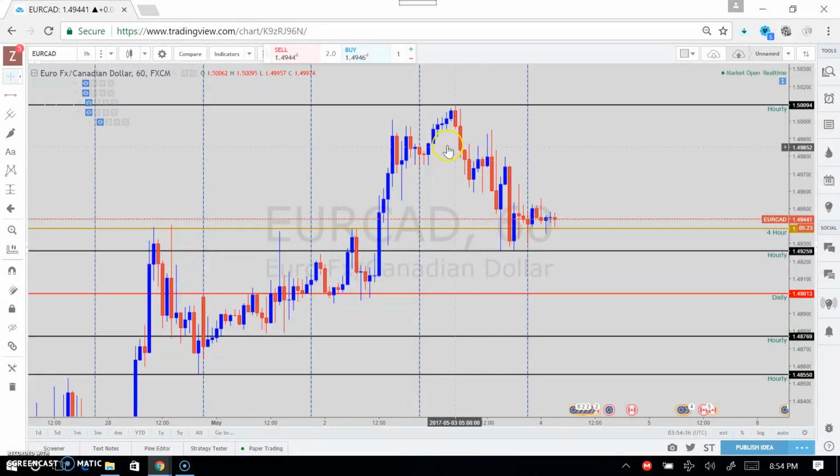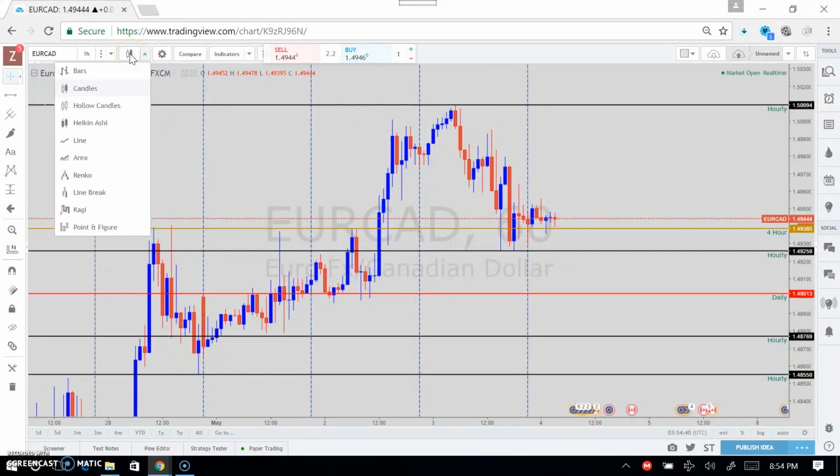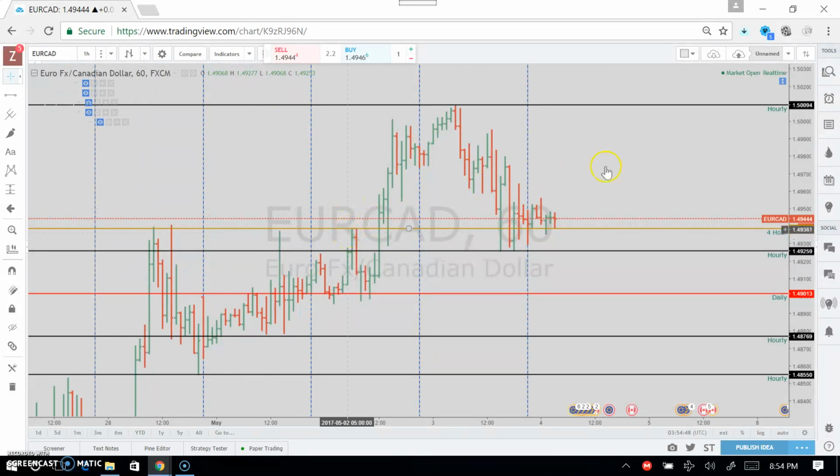So as you know, this is the candlesticks, which is what everybody uses. But if you click this indicator right here on TradingView, you can find the bars. The bars are very similar to candlesticks, but they're kind of hard to read a lot of the time because you have to understand that one of these bars is open and close.